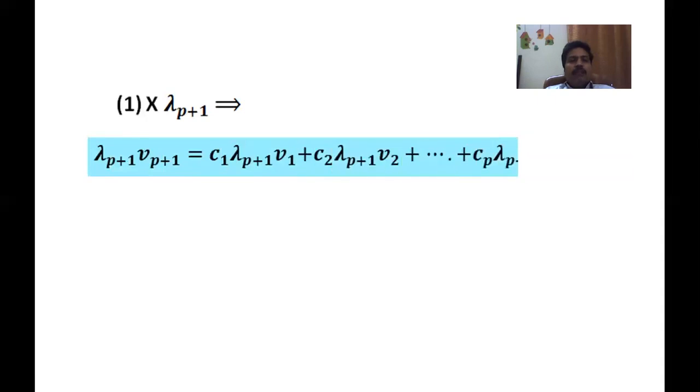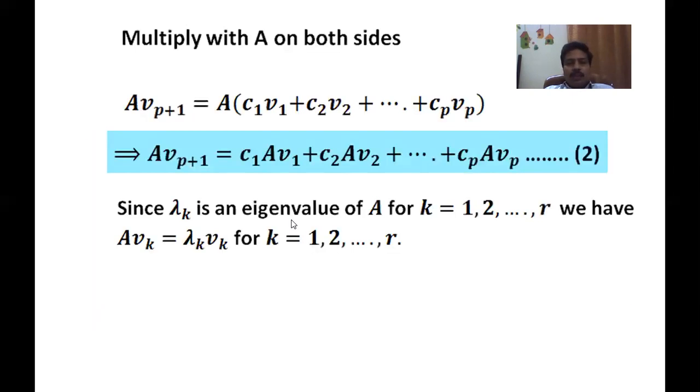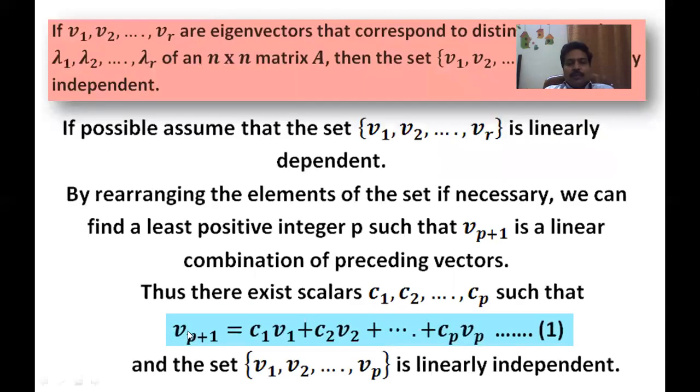Now the first equation can be multiplied with lambda (p+1). If we multiply the first equation with lambda (p+1), we will get this one: lambda (p+1) v(p+1) is equal to c1 lambda (p+1) v1 plus c2 lambda (p+1) v2 and so on plus cp lambda (p+1) vp.